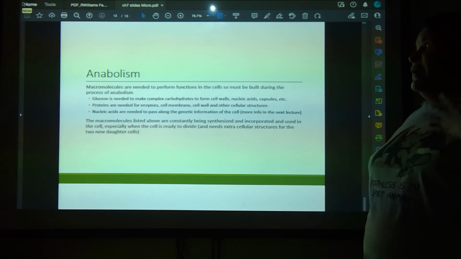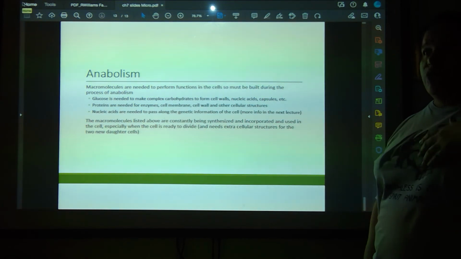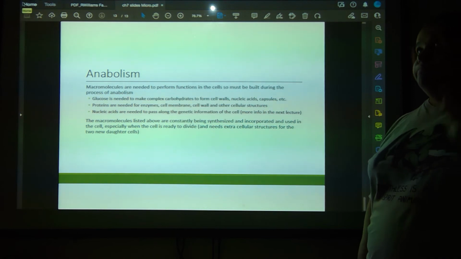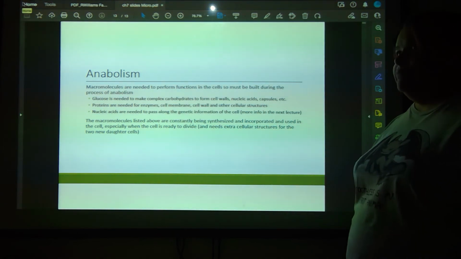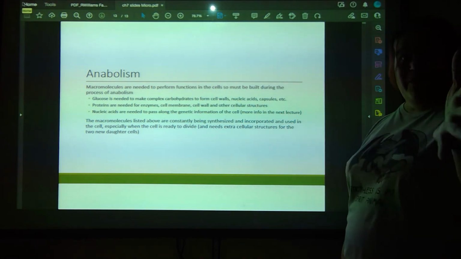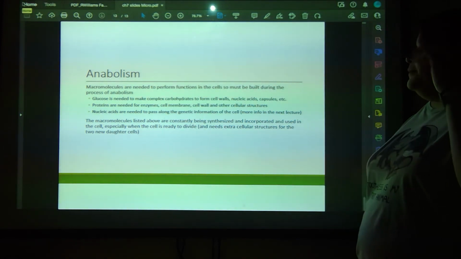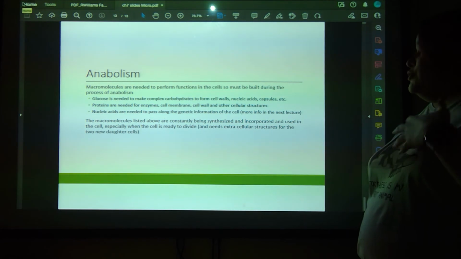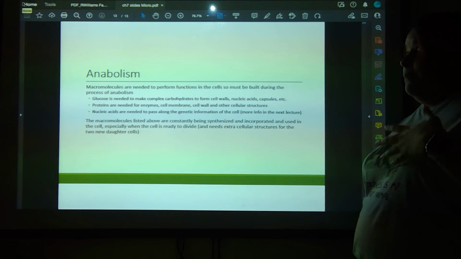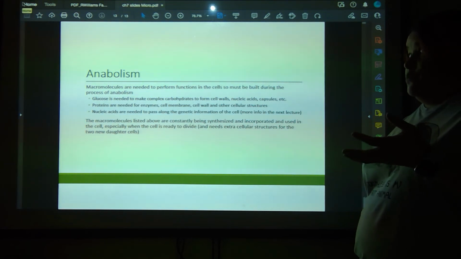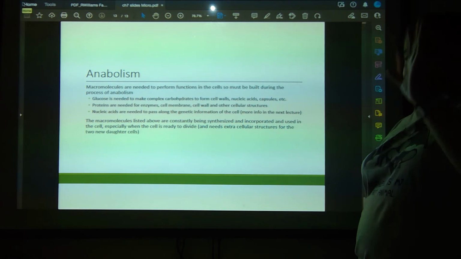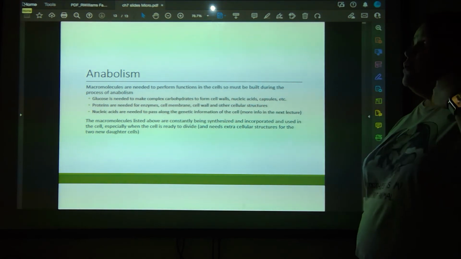Glucose is needed to make complex carbohydrates for your cell walls, peptidoglycan, there we go. It's also needed to make nucleic acids and the capsules. Glucose is one of those simple carbohydrates that we need to make the more complex ones that help us make other things.